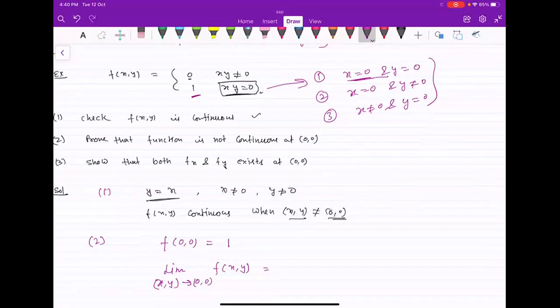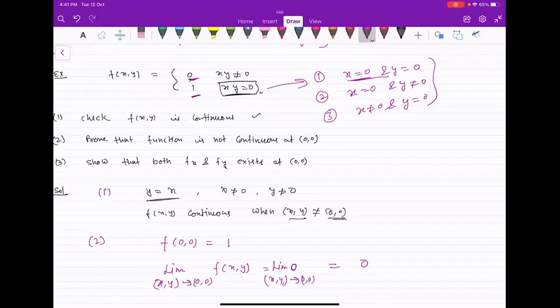It is not actually 0, but xy is tending to 0. Then the function value is what? 0. The limit as (x, y) tends to 0, 0. Is it clear or not? So this value is what? 0. Is it clear or not?